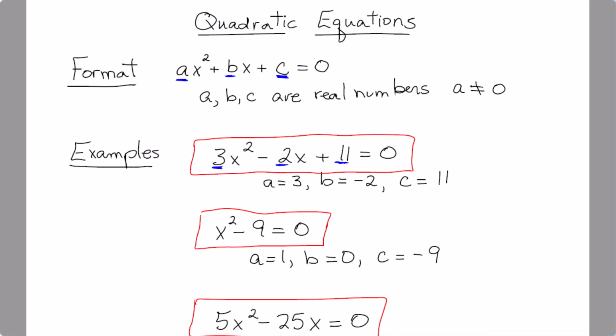Well, sitting in the front here is the invisible 1. So A is 1. And what about B? Where was B again? It's the number in front of the X. But I don't have any X, and so B is gone. C is the number on the end, which is minus 9.